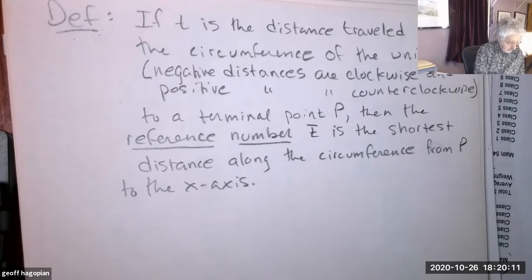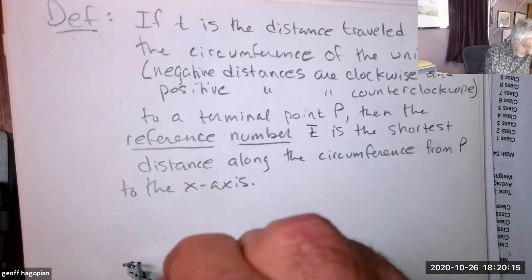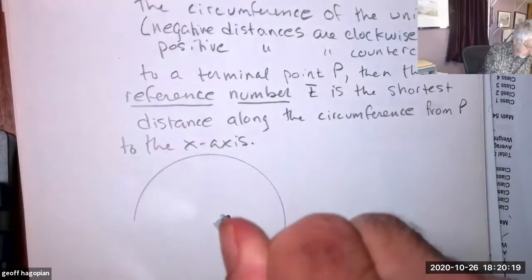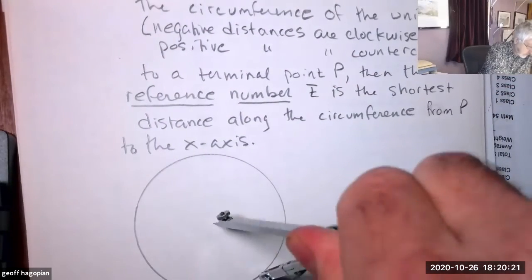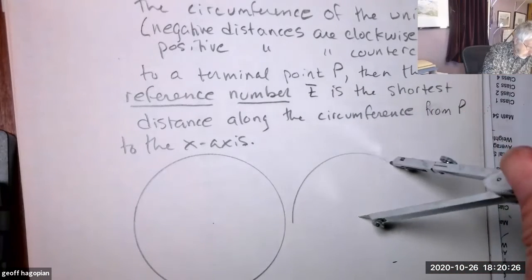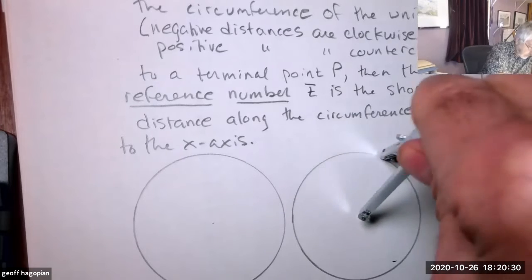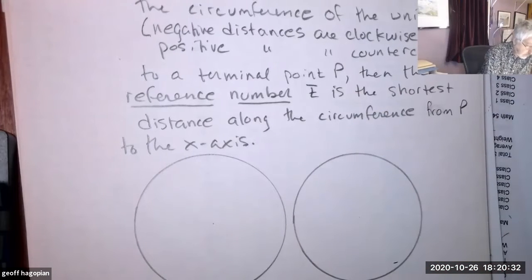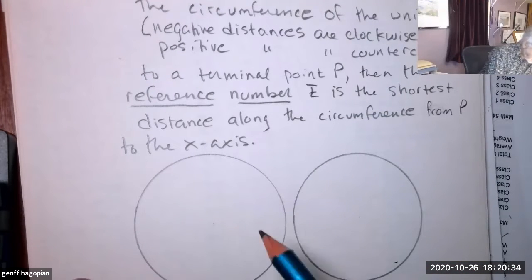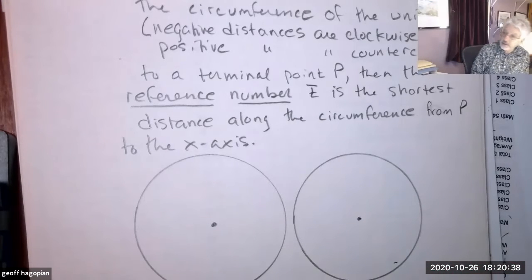So let's draw a circle and maybe a few circles, right? So plot the center point for my circles.